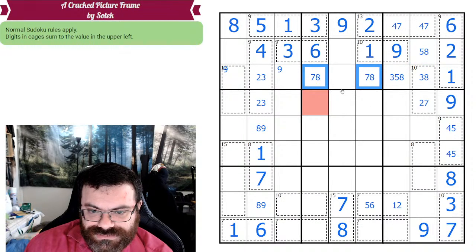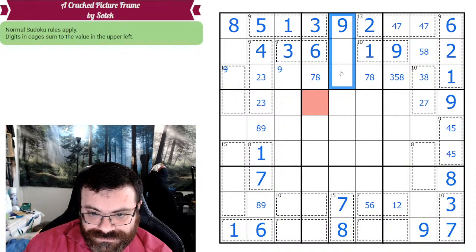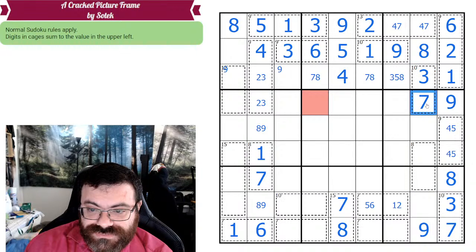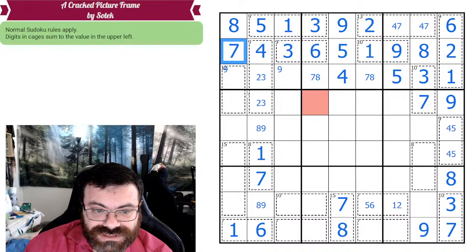So now 7, 8 are hidden here. These 7, 8s look up. This is 4, 5. Goes this way. It's an 8. This is 3, 7. This is the 5. Whatever this is missing, 7. This is 2, 3.